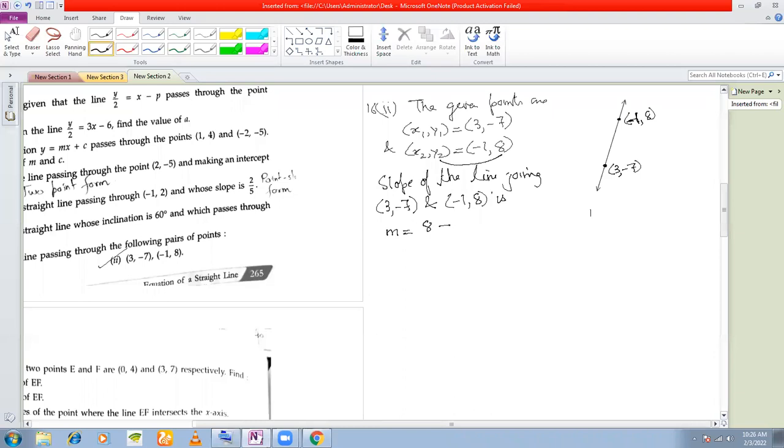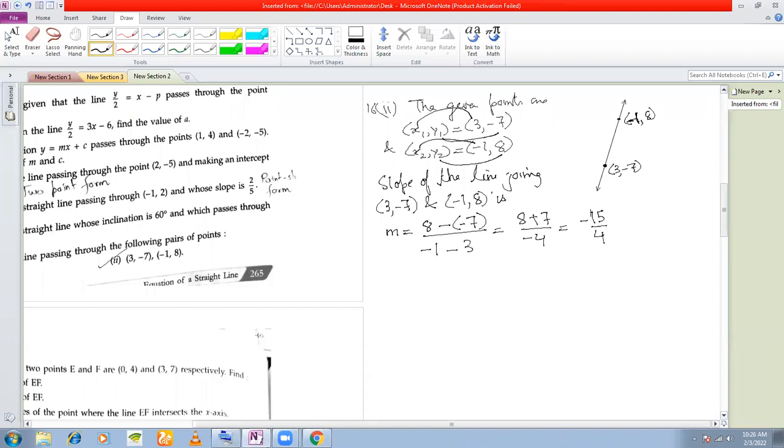So y2 minus y1. y1 is minus 7. Divided by x2. What is the value of x2? x2 is minus 1. Minus x1. x1 is 3. So therefore you have 8 plus 7 by minus 4, which is minus 15 by 4. And that is the value of the slope.